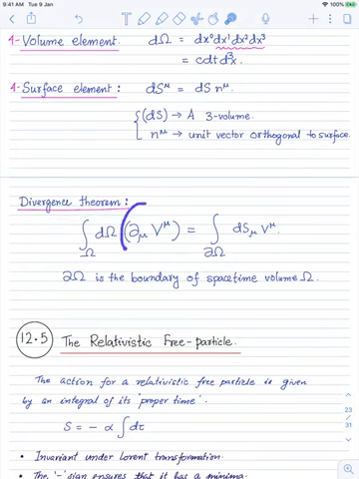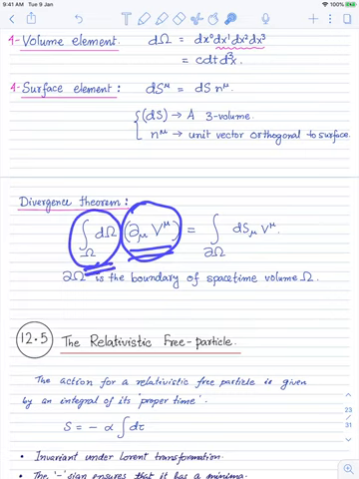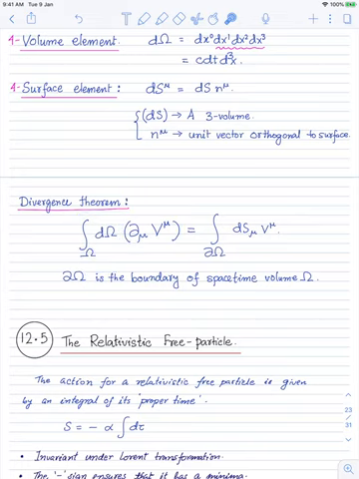So if you take a quantity which is the 4-divergence of a vector, and you integrate it over a 4-dimensional space-time, this is a 4-dimensional volume element, and this is a 4-dimensional volume, omega. Then you get the surface vector contracted with the vector whose divergence is here, and this surface is essentially the boundary surface of this 4-volume.